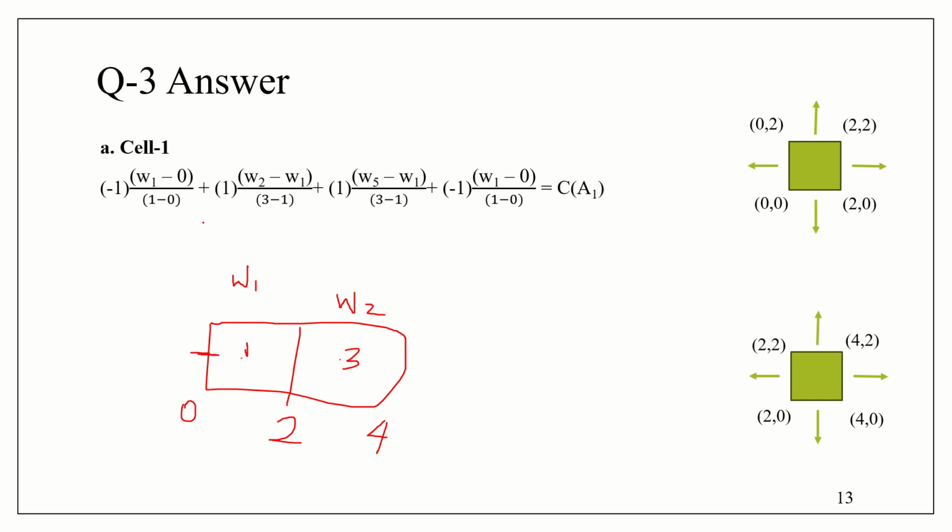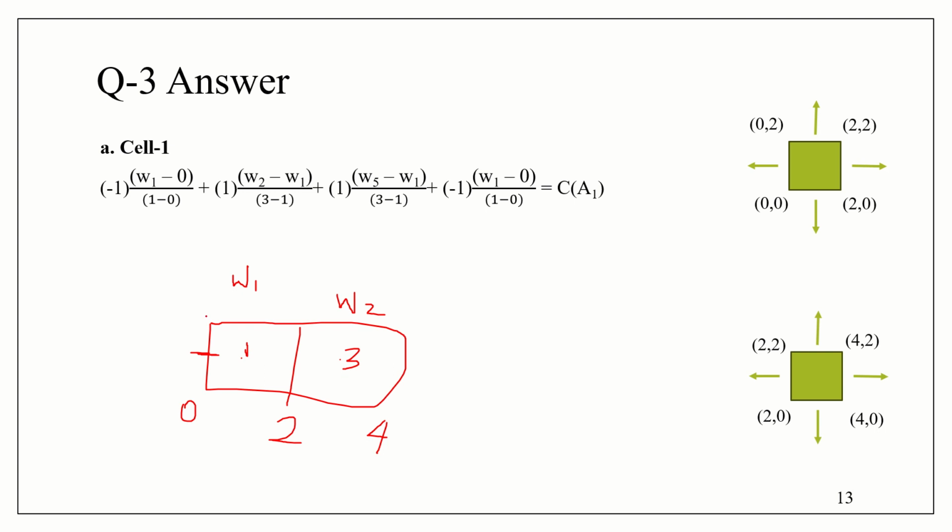So now I think you can clearly understand it is W1 minus 0 divided by 1 minus 0, and similarly W2 minus W1 divided by 3 minus 1.